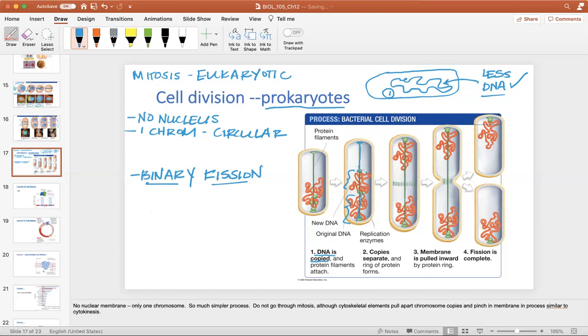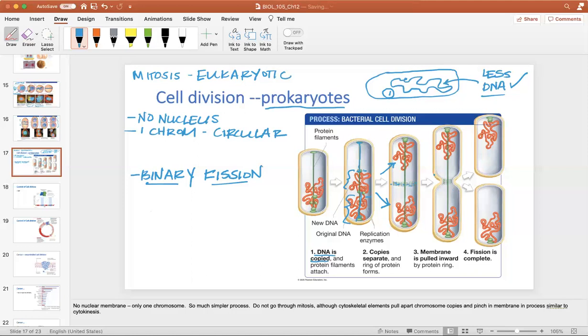So we have one attachment here, and it looks like we have another attachment there. So what now happens is that these protein filaments, these cytoskeletal filaments, they're going to pull these chromosomes apart, as you see there. And at the same time, you can see the beginnings of a protein ring, a cytoskeletal ring that's forming in the middle here.